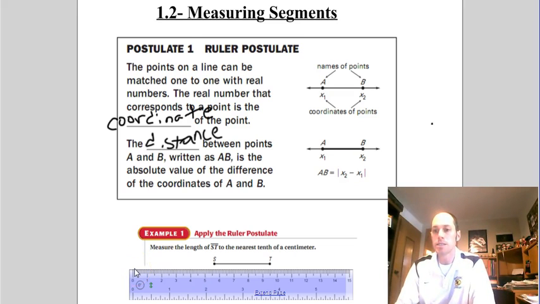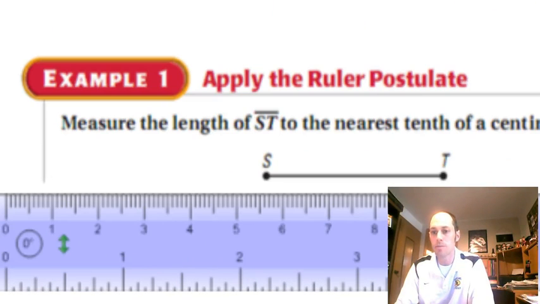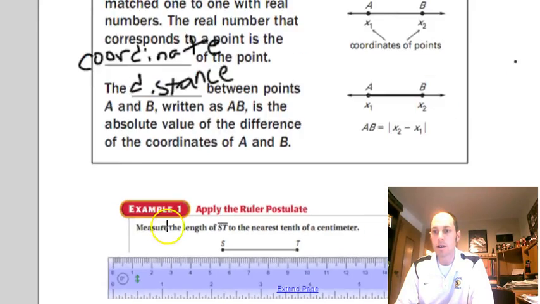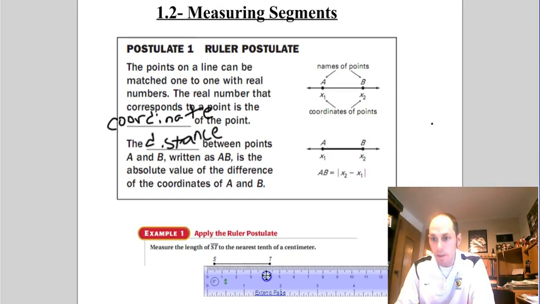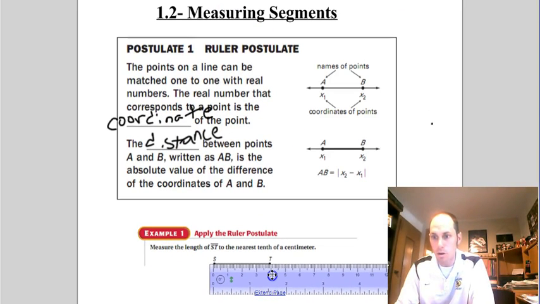We can find the distance or measure the length of a segment by using a ruler following the same idea. We just take our ruler, and we can move that ruler around. It doesn't matter where we set our ruler.